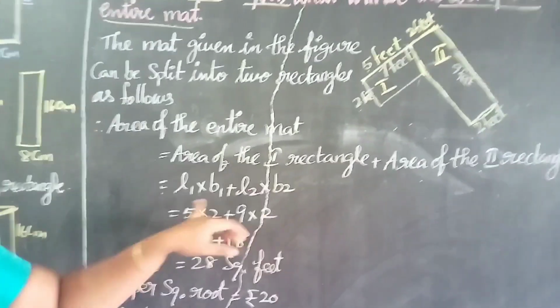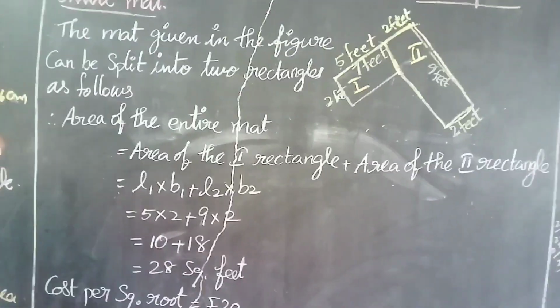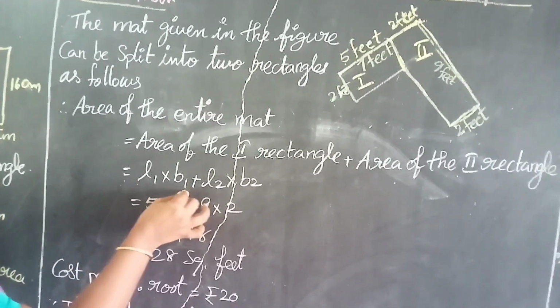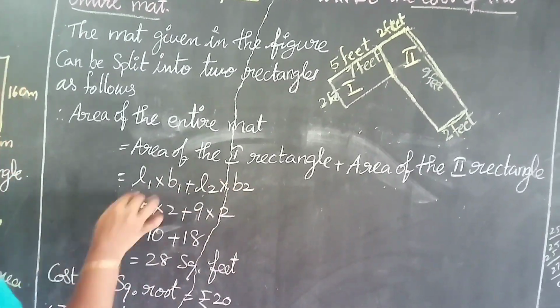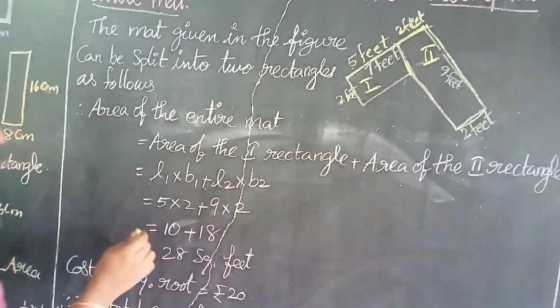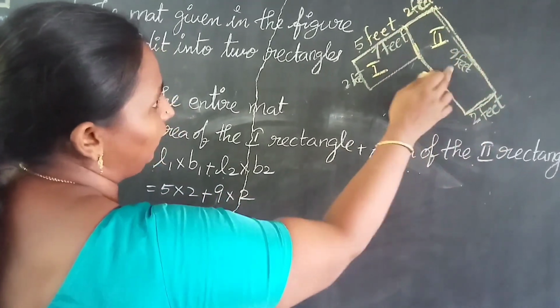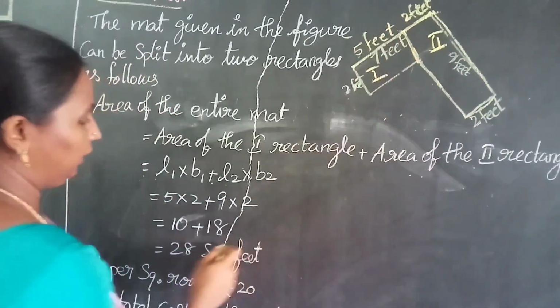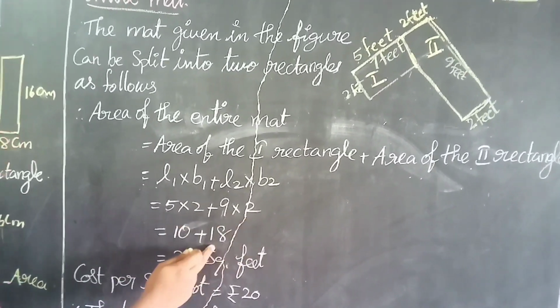So area of the rectangle, what is the formula? l into b. Here you have two rectangles, so we take it as l1 into b1 plus area of second rectangle is l2 into b2. So l1 for this length is 5, breadth is 2: 5 into 2, plus for this second rectangle length is 9 and breadth is 2: 9 into 2. 5 2s are 10, 9 2s are 18.